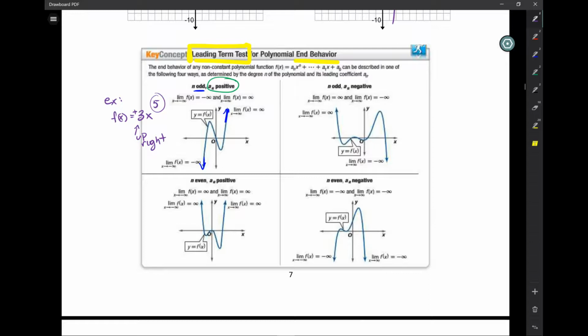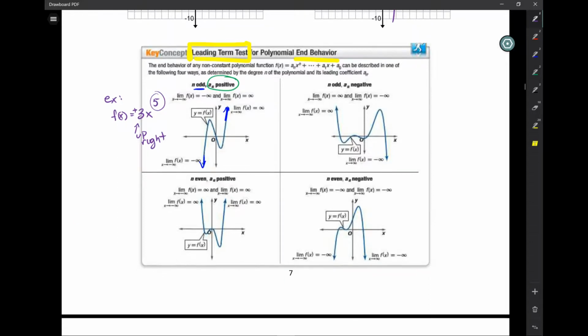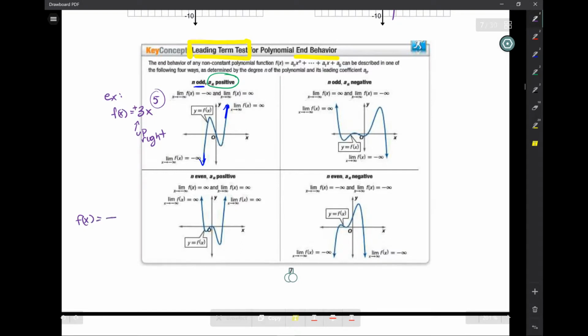As opposed to, if I had, for example, negative 3x to the 5, sorry, I put it in the wrong spot, here. Negative 3x to the 5. Now, when my x values are positive and I plug them in here, the y value is negative, so it goes down, and vice versa.